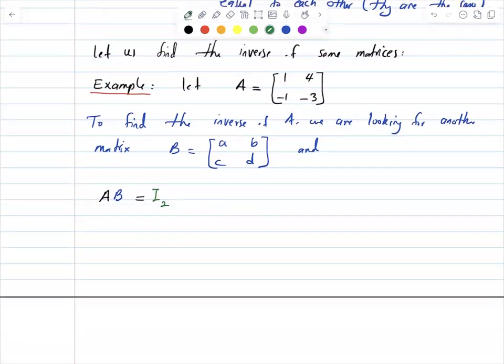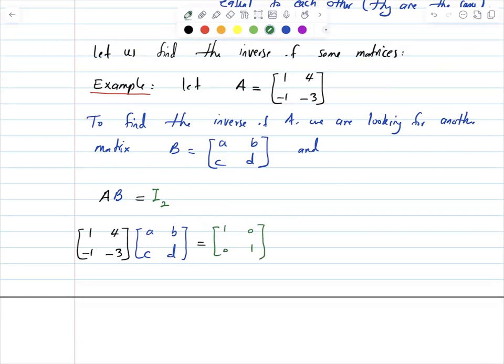It's just pure multiplication. It's not that complicated. So this is matrix A, multiplied by matrix B, which has entries a, b, c, d, and on the other side, we have the identity matrix that you already know the entries of.